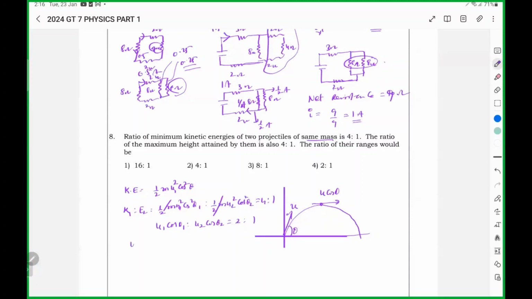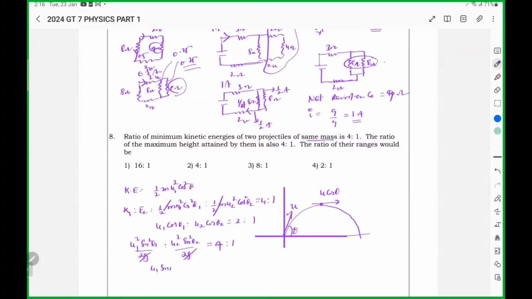So ratio of maximum heights, yes, he has given it as 4:1.